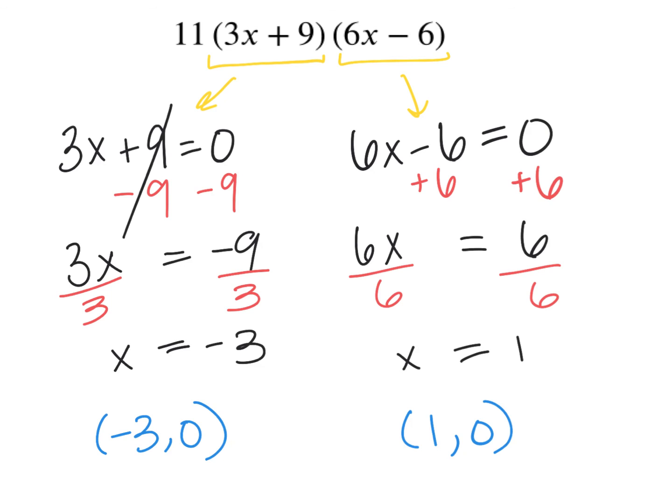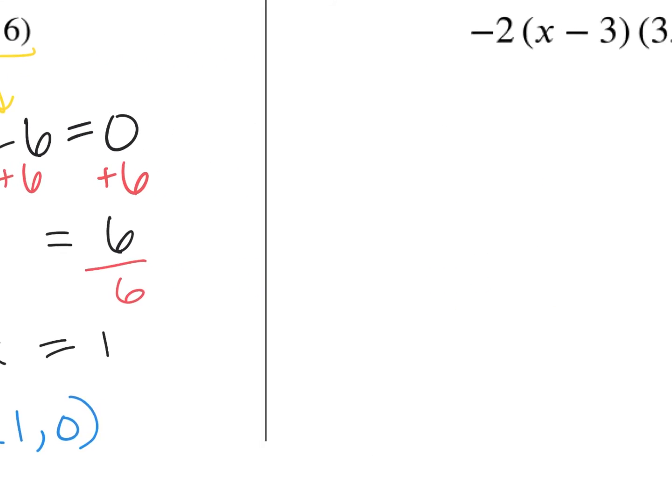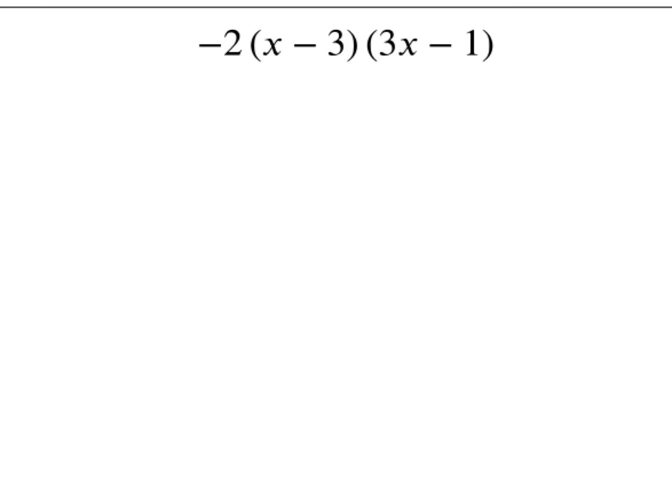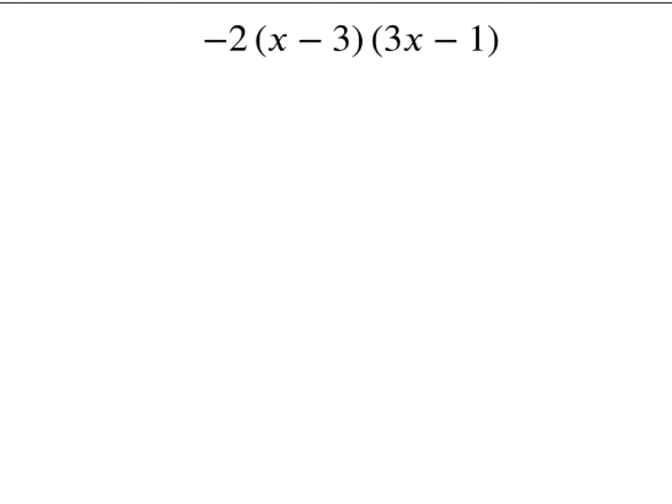All right, this is our last one. We have negative 2 times (x minus 3) times (3x minus 1). So our first factor is x minus 3. And we want to make it equal to 0.